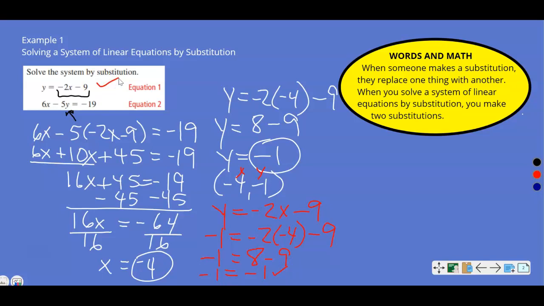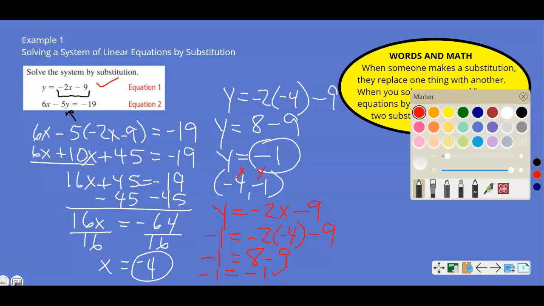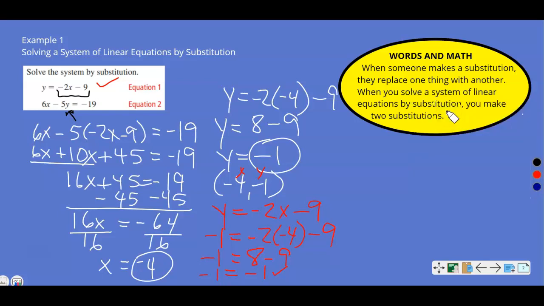Now let's plug it in and check it for the second equation. All right, let's use yellow. All right, so we've got 6. This time we're going to plug in negative 4 for x. And we've got minus 5y. y is negative 1. And we want to know, does that equal negative 19?